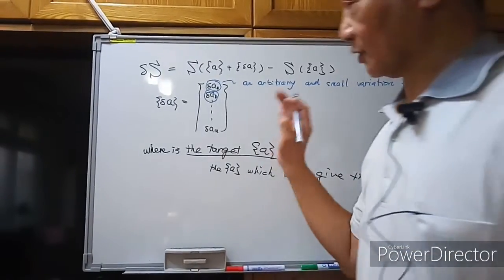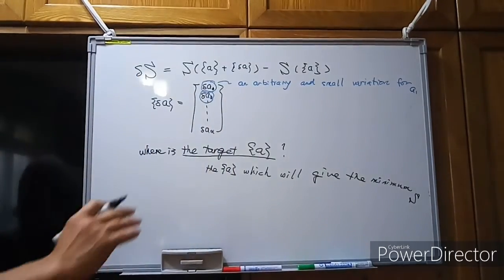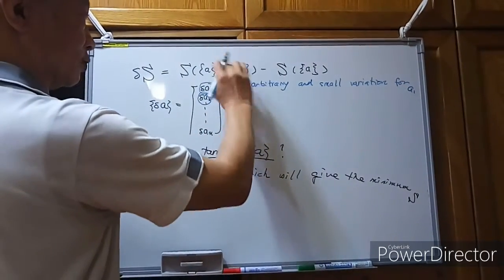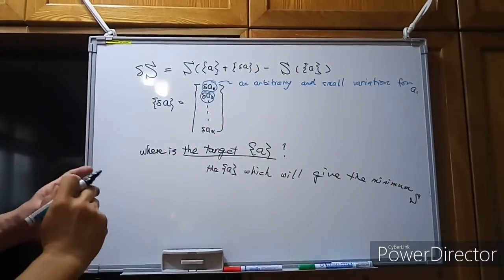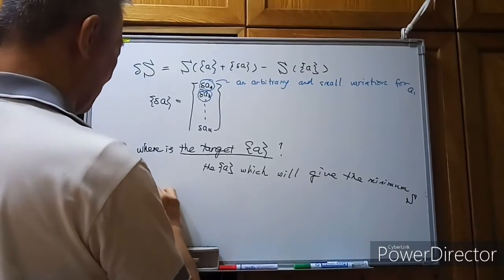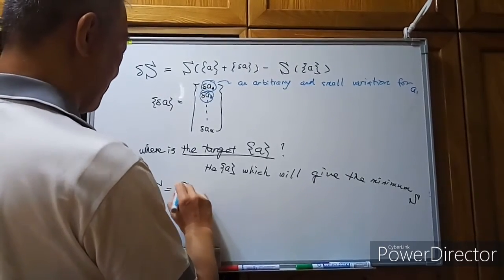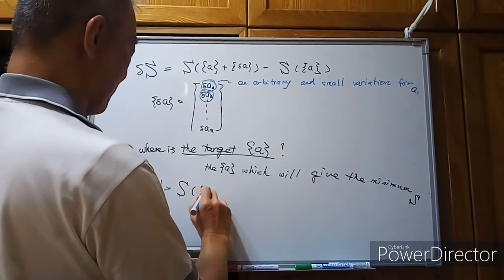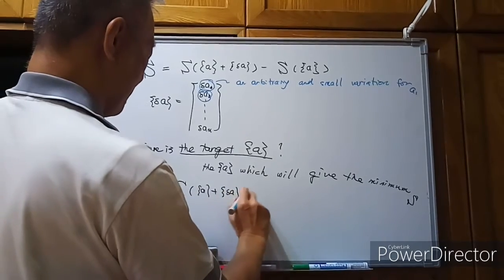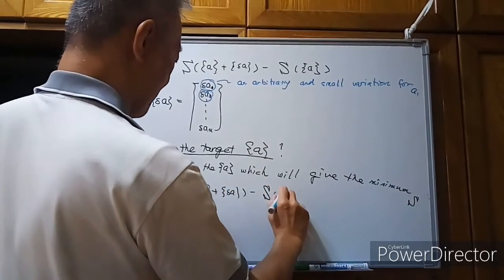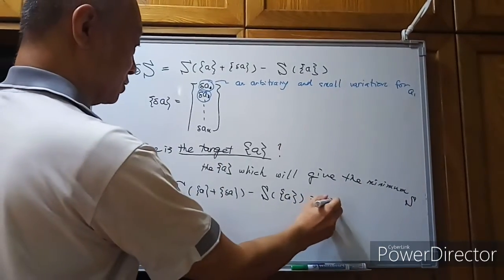And if the A vector is the target, then you can say, no matter what kind of very small variations of the data A, the result is always equal to 0.